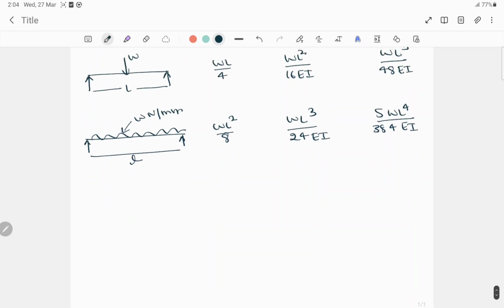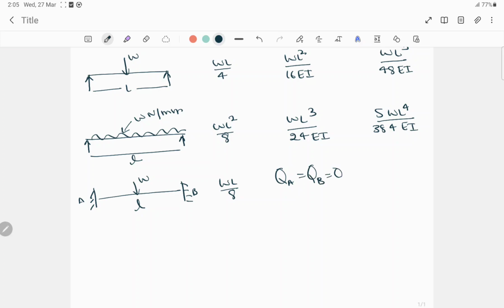Now again come to a fixed support. Here it's a fixed beam, and one point load W is acting, and this is the length. The maximum bending moment for this type of beam will be WL by 8, and here the slope at, suppose it's A and it's B, so slope A is equal to slope B is equal to 0.